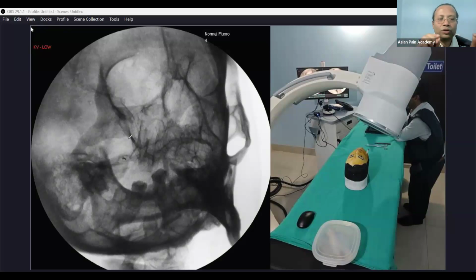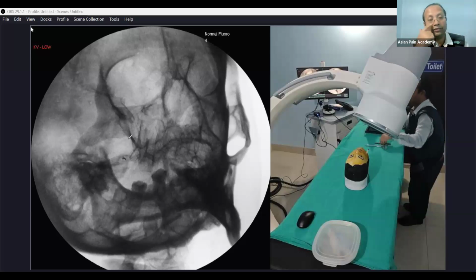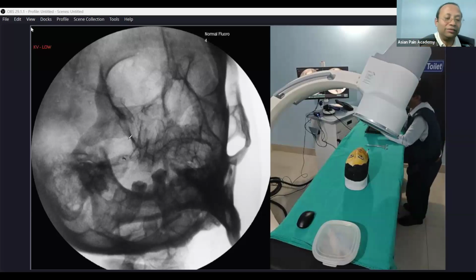So after putting the needle there, we will go for sensory stimulation and motor stimulation. In sensory stimulation, the patient will say whether the area where the pain is there is stimulated. Either we can target the V2 division or the V3 division.